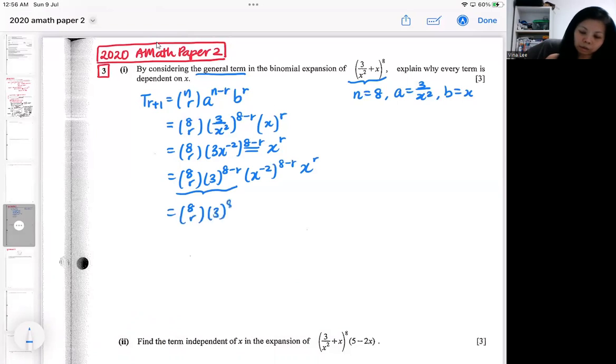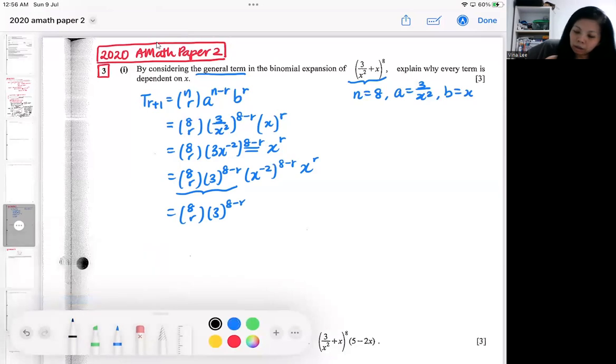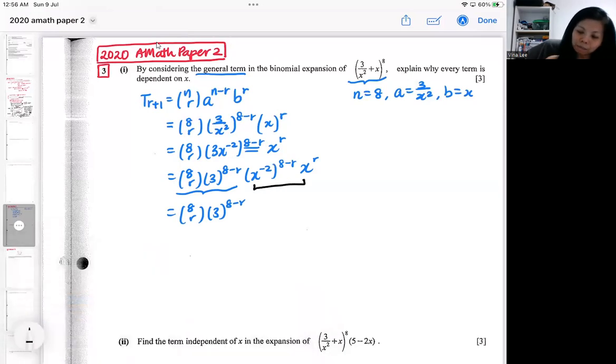So leave it alone. For the part that contains x, you should try to apply same base multiplication. So you should try to add the power because you're doing a same base multiplication. So simplify your power.